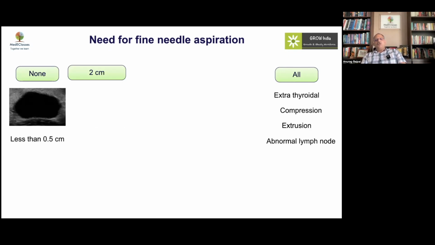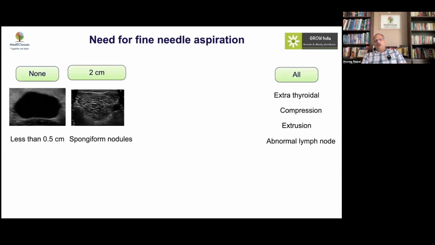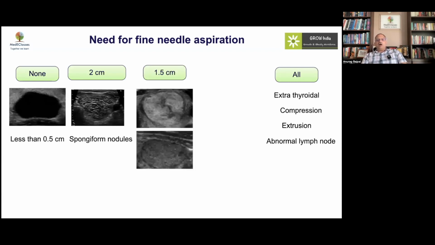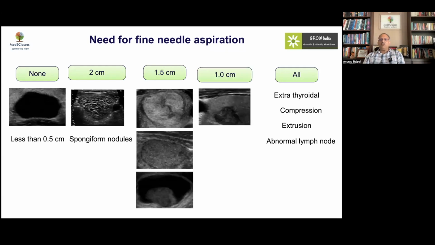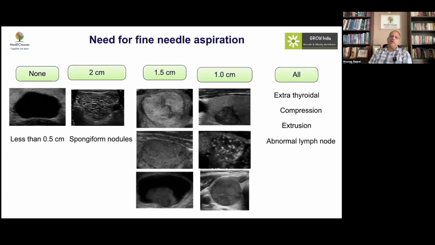On the other hand, if you have a spongiform nodule, FNA is required if the size is more than 2 centimeters. As I said, with regular margins, isoechoic or hyperechoic, you can wait until 2.5 centimeters, and otherwise mostly it's 1 centimeter for most parameters. So except for the cystic nodule and the spongiform nodule, most cases would require FNAC.